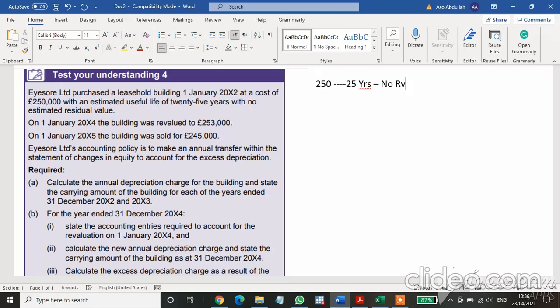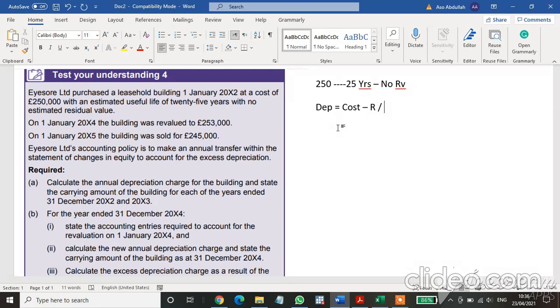So basically you need to learn how to calculate depreciation. This is going to be a straight line method. So the formula of depreciation is equal to cost minus residual value, divided by useful life.